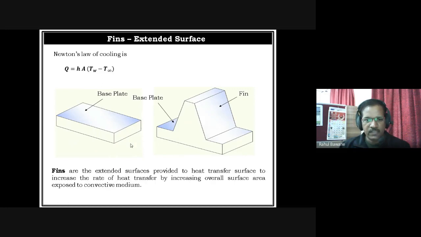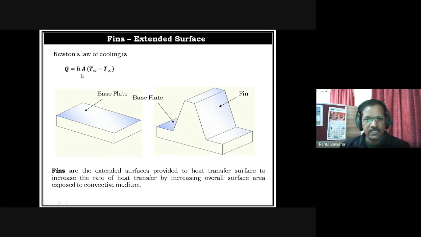So what are fins? Fins are the extended surfaces provided to the heat transfer surface, that is a base plate, to increase the rate of heat transfer by increasing the overall surface area exposed to the convective medium. So friends, we are not changing the base plate temperature or fluid temperature or the fluid.